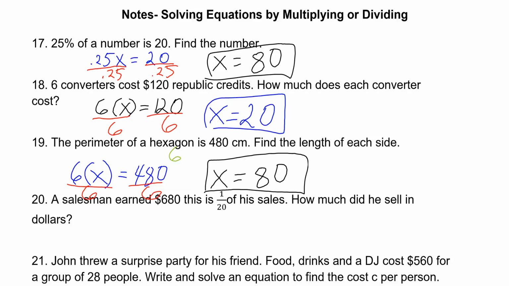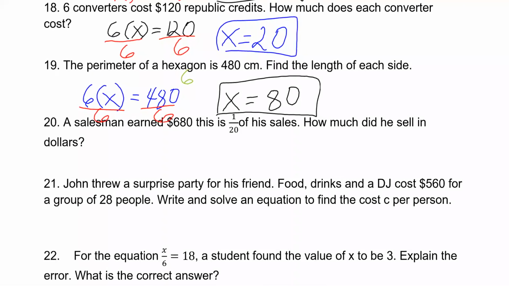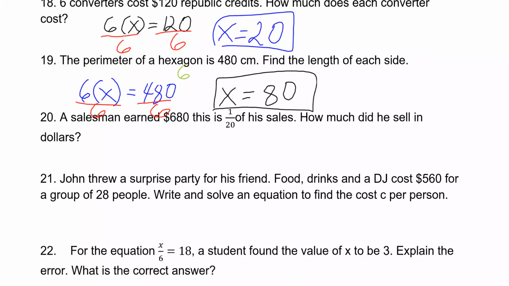So, let's see. Number 20. A salesman earned $680. This is 1/20th of his sales. How much did he sell in dollars? So, in order to figure out how much he sold, what we're going to need to do is 1/20th of x equals 680.